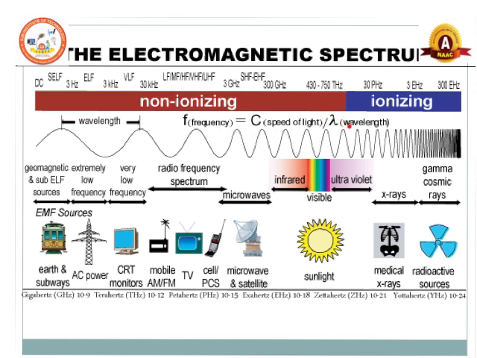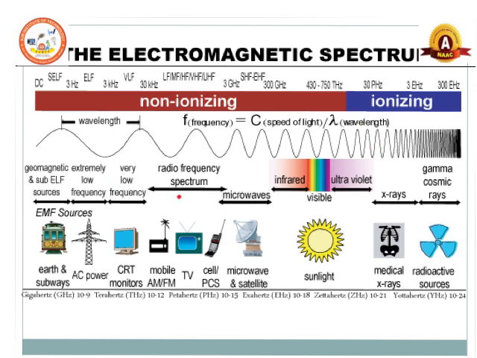When the wavelength is more, the frequency is less. So in the lower frequency ranges, 3 Hz, 3 kilohertz, 30 kilohertz and so on, the wavelength is more and the frequency is less, but as you go further, the frequency is more and the wavelength will be less.